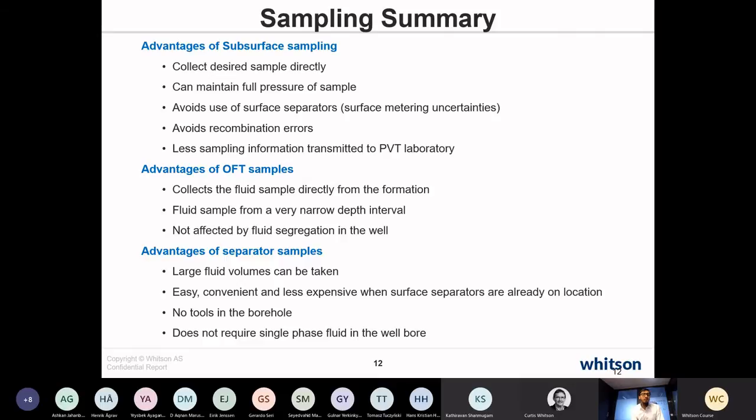Those volumes give you the recombination GOR, and you use that recombination GOR and the compositions of the separator gas and separator oil to get the well stream that's going into the first stage separator.